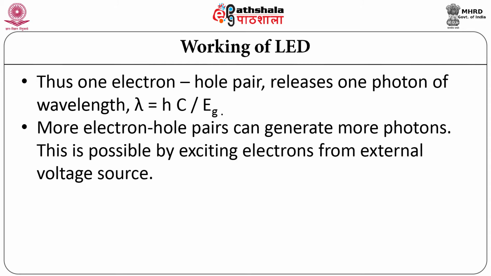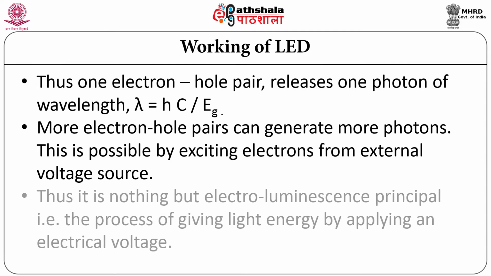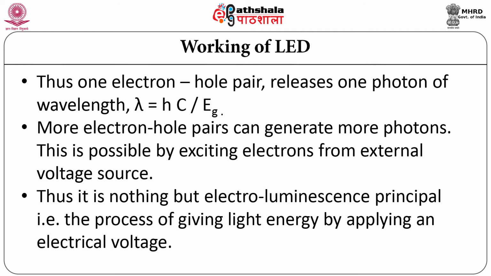More electron-hole pairs can generate more photons. This is possible by exciting electrons from an external voltage source. Thus, it is nothing but the electroluminescence principle, that is, the process of giving light energy by applying an electrical voltage. It is seen that for different materials Eg is different and therefore λ, that is the wavelength, will be different.